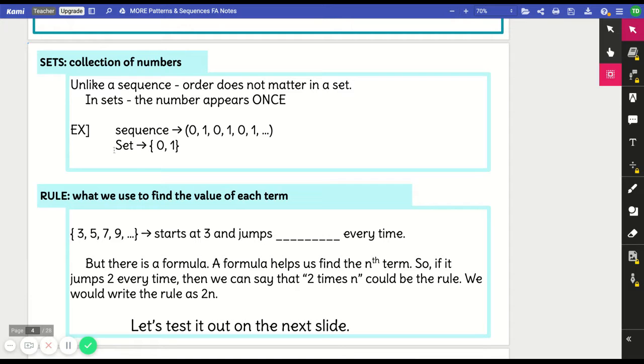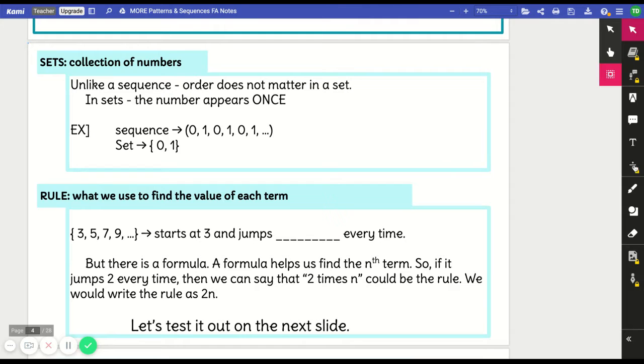When we state what the set is, we're collecting just the numbers that are in the sequence that only show up once. So we're only going to take the 0 and the 1 because those are the only two numbers in this sequence. So when we say what is the set of numbers, we would say 0, 1 in parentheses or brackets.